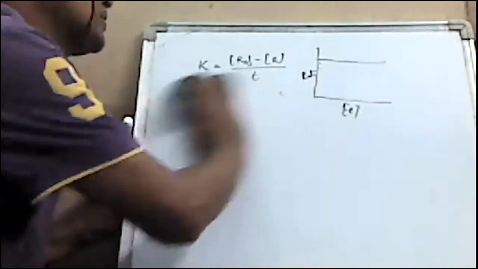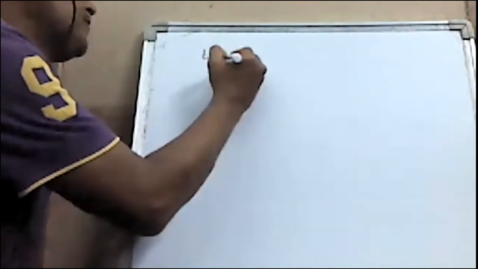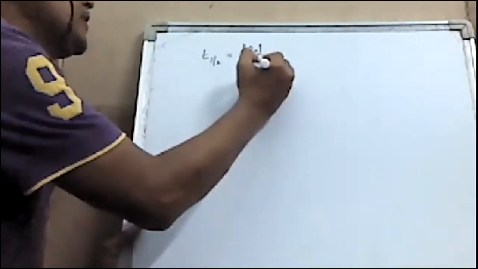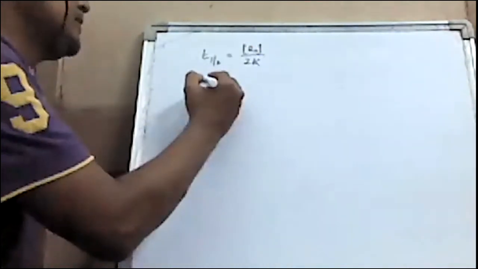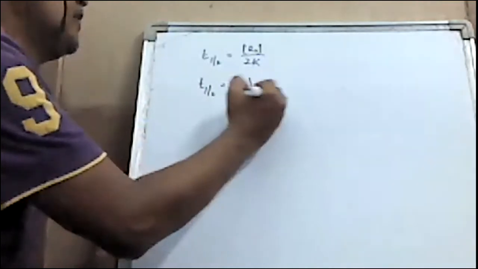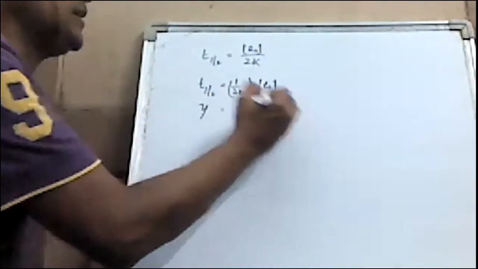Now let us look at another plot for zero order reactions. We know the expression for the half-life of a zero order reaction is R naught by 2K. If I arrange it as 1 by 2K into R naught, it is in the form of y is equal to mx.